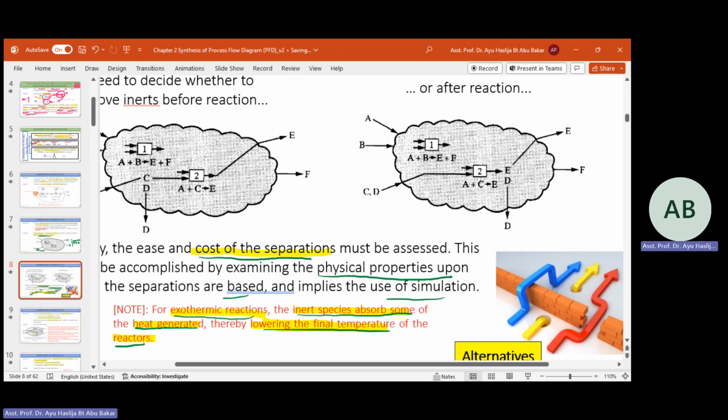So in this specific case, you need to supply the inert to absorb the heat so that the temperature of your reactor can be lowered, not at high temperature, which later on you would need a heat exchanger to reduce. We'll do an example after we cover all the steps first.